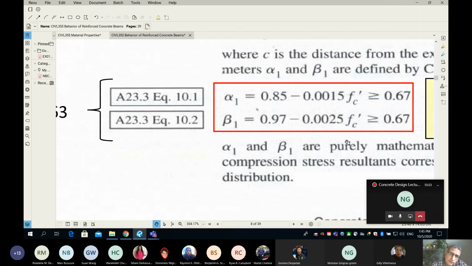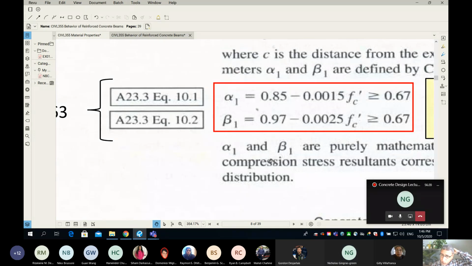It's going to take a few seconds. 0.92, that is beta 1. Yeah, that's beta 1. How about alpha 1? 0.82. Thank you, sir.